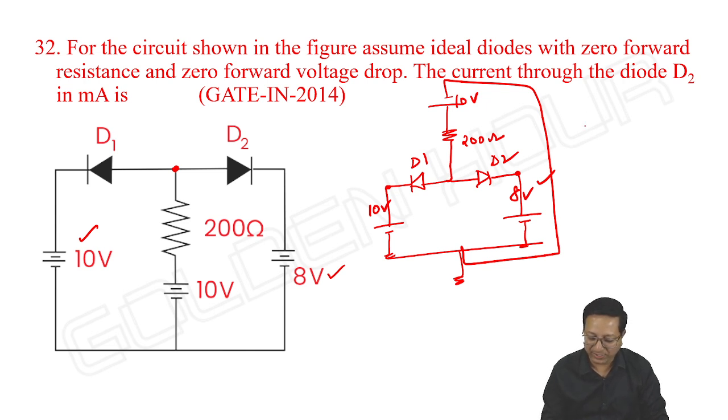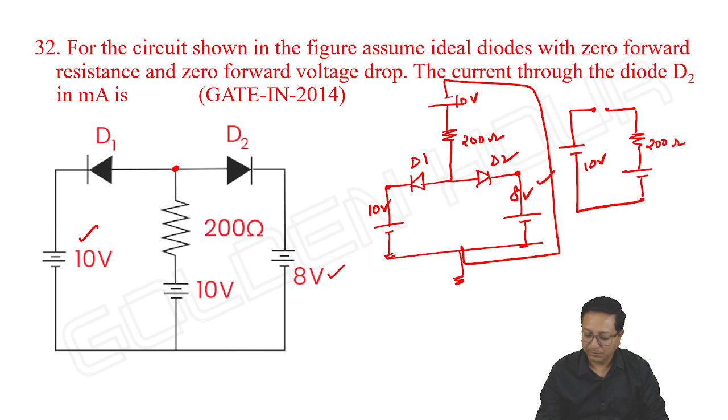What is the equivalent circuit then? 10 volts, 200 ohms, the conducting diode is a short circuit, and 8 volts.